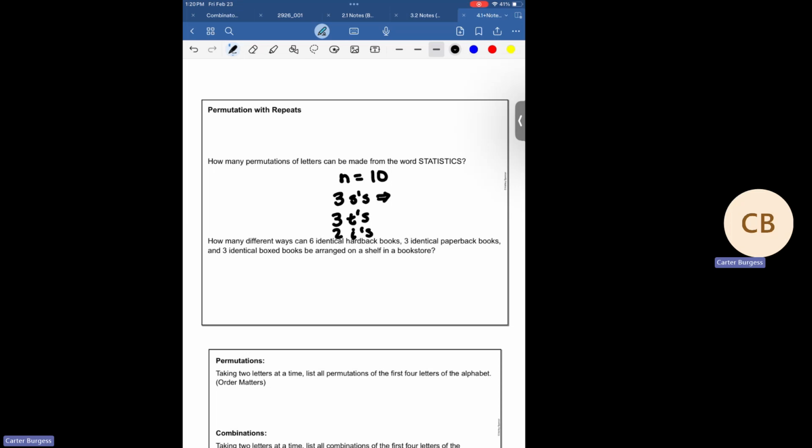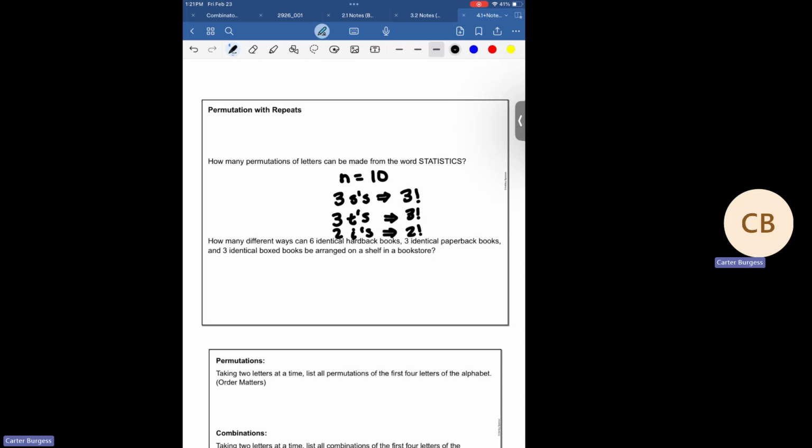We're losing an S, right? We're using up a particular S whenever we use a slot. So there are 3 factorial arrangements for these S's, which works out to be 6. All 6 of those arrangements are identical. Likewise, how many arrangements for our T's do we have? 3 factorial for our T's, and how many for our I's?